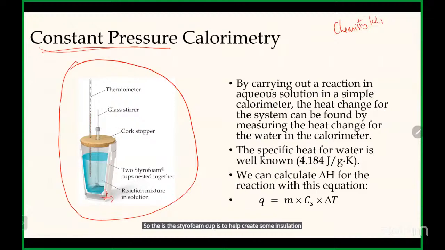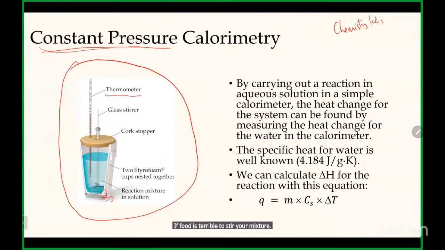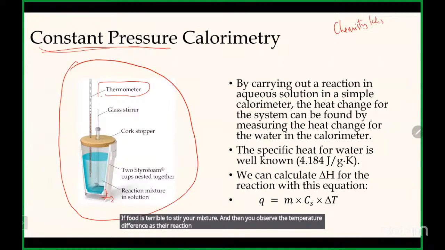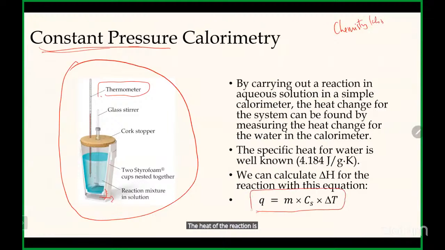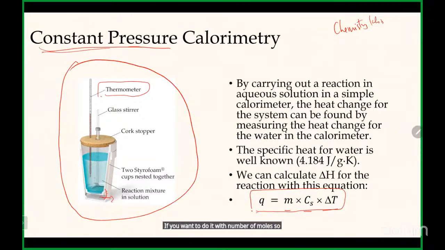You put a stopper, usually a wooden one, and a stirrer to stir your mixture, and then you observe the temperature difference as your reaction proceeds. The heat of the reaction is calculated as mass times the specific heat capacity times the change in temperature. If you want to do it with number of moles, you do moles times the molar heat capacity times change in temperature.